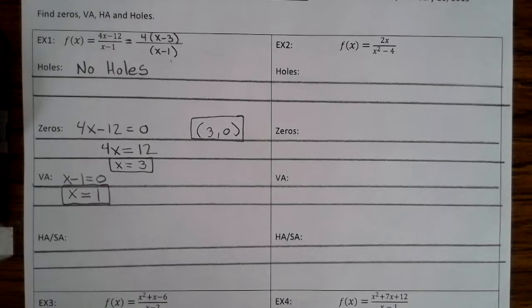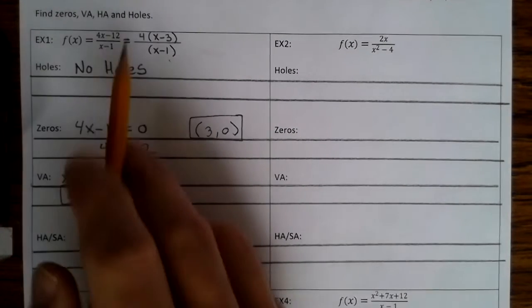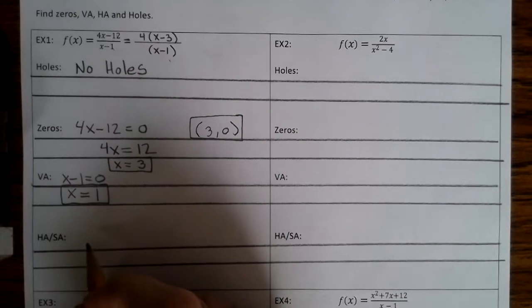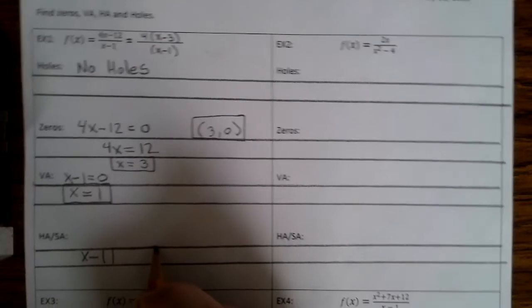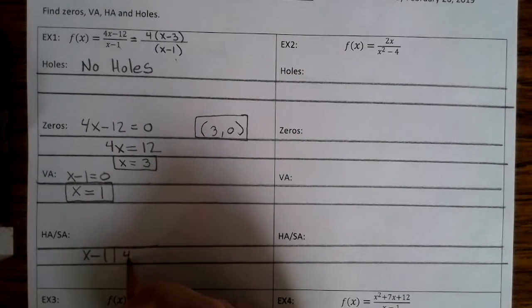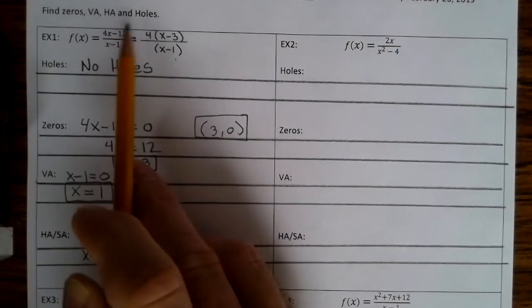All right. Now, for the horizontal or slant asymptote, you divide here. So, you have 4x minus 12 divided by x minus 1.